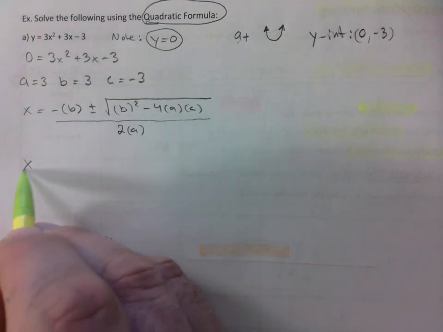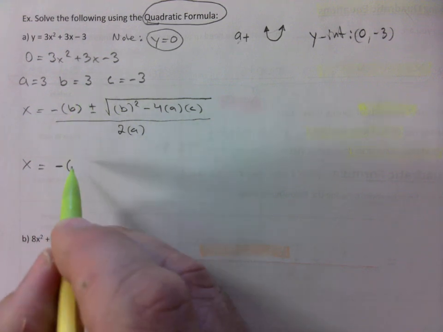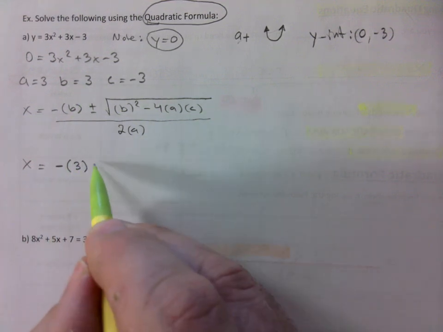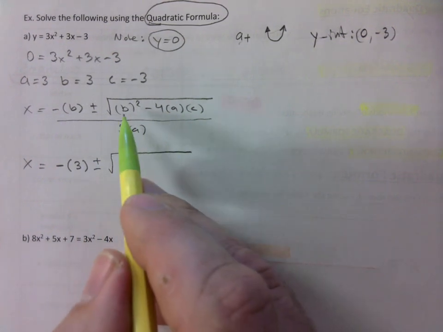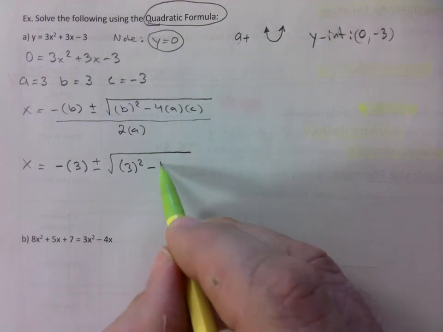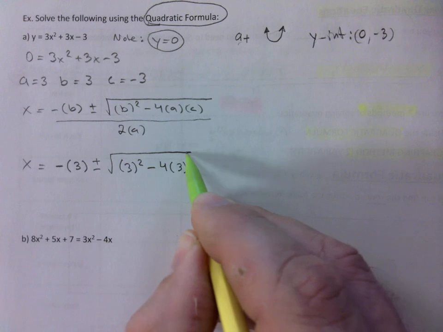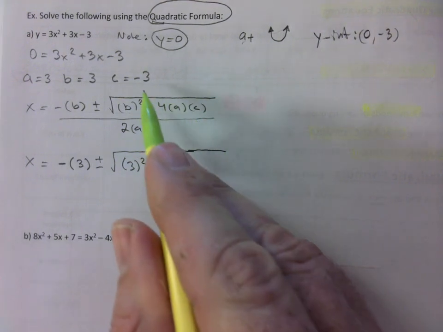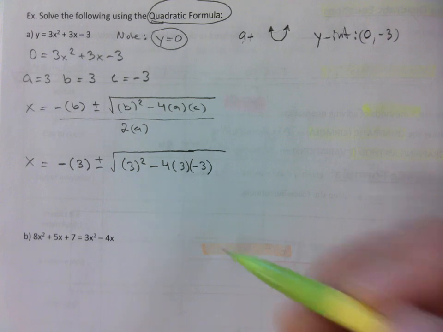So let's plug in. Negative, whatever b is, 3, plus or minus b squared, so 3 squared, minus 4 times a, which is 3. c is negative 3, so you have to watch out. The sign has to follow.